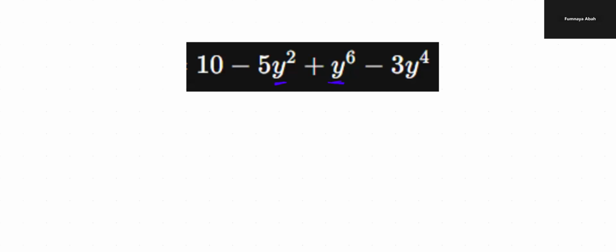Looking at this expression, y raised to the power of 6 has the largest exponent. So we can rewrite this with y raised to the power of 6 as the first term. Then the next highest degree is 3y raised to the power of 4, because 4 is the next largest number. So minus 3y raised to the power of 4. And then the next highest degree is 2, so we have negative 5y raised to the power of 2.